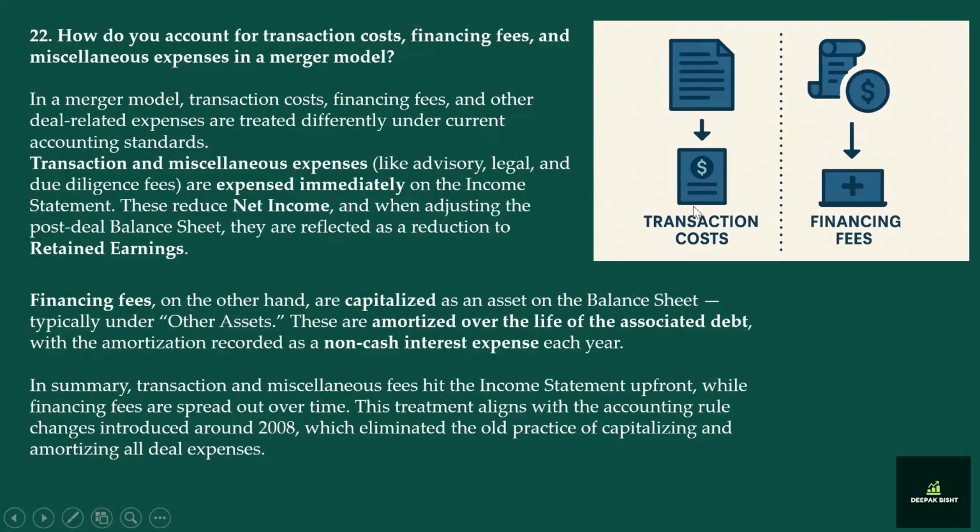Transaction fees we have discussed, like legal fees, investment bankers' fees, accounting and due diligence fees, consultancy and advisory costs. We expense them immediately because these are mostly one-time fees. And for the financing fee, meaning the bank underwriting fee, loan arrangement fees, and legal fees for setting up the new debt, we capitalize them because these costs are linked to the debt which we have raised for financing the deal.